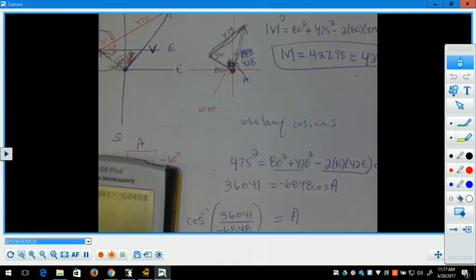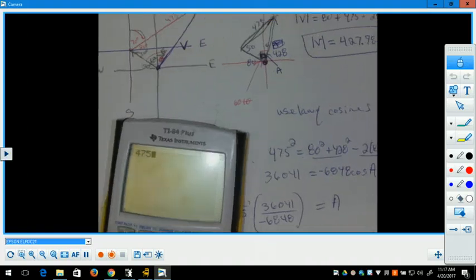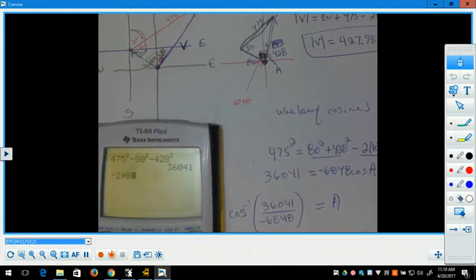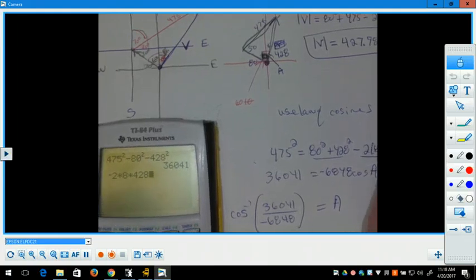Something's wrong. Hold on. 475 squared minus 80 squared minus 428 squared. That was right. Divided by negative 2 times 8 times 428. Oh, it's not 8, it's 80. Huh, that would be why.